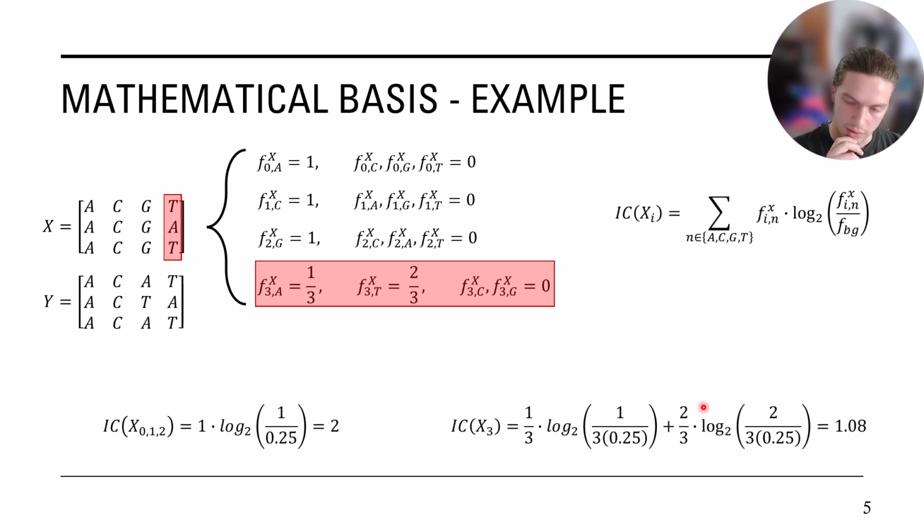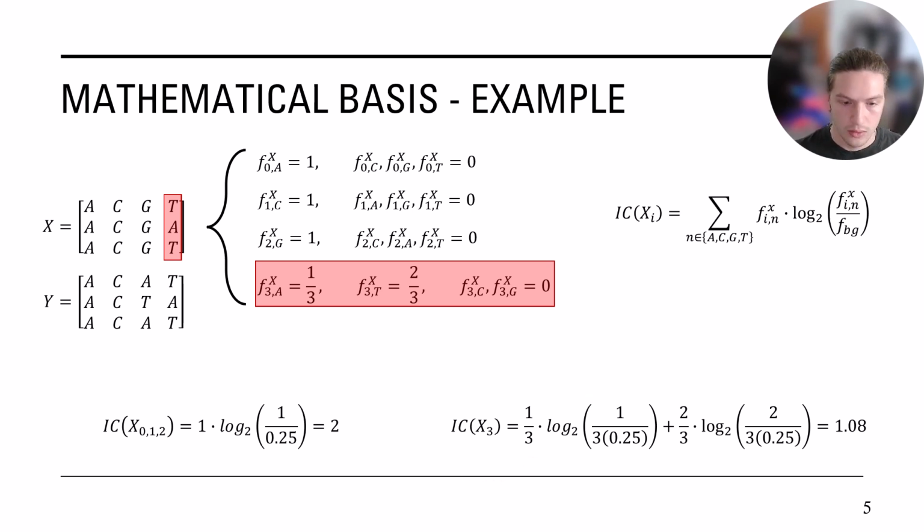And then if we wanted to make one of those logos, we could take these individual information content values for the different nucleotides and plot the letters proportionally to the size of the information content.